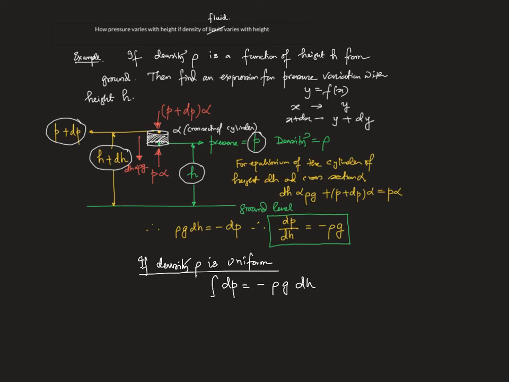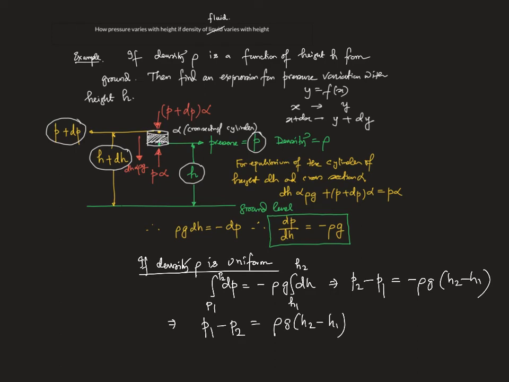If you integrate from height h1 to height h2, and p1 to p2, you can write p2 minus p1 equal to minus rho g times h2 minus h1. That is, p1 minus p2 is equal to rho g times h2 minus h1. This is the expression we have used before also.